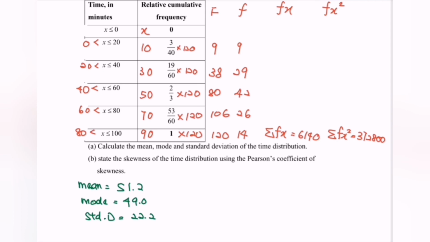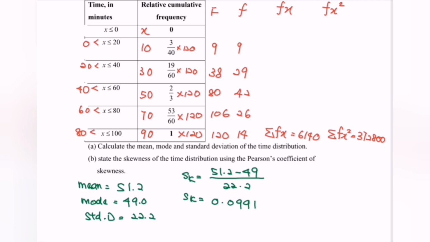Next, focus on B. State the skewness of the time distribution using the Pearson coefficient of skewness. The formula is equal to the mean minus the mode, divided by the standard deviation. So the value for the Pearson coefficient is equal to negative 0.0991.